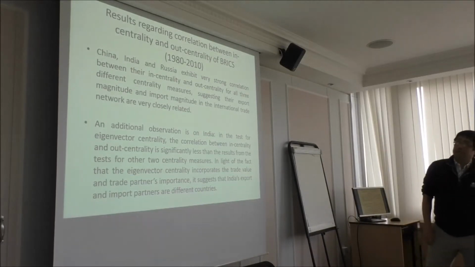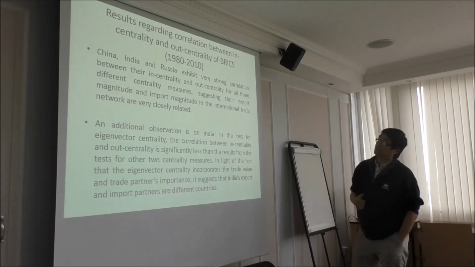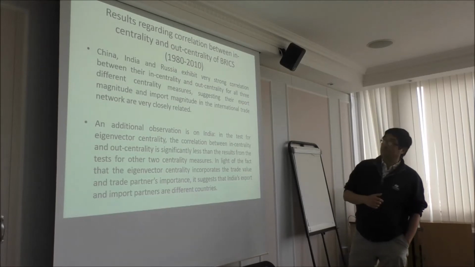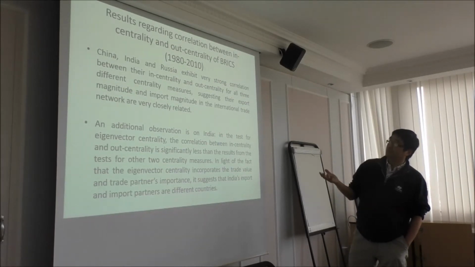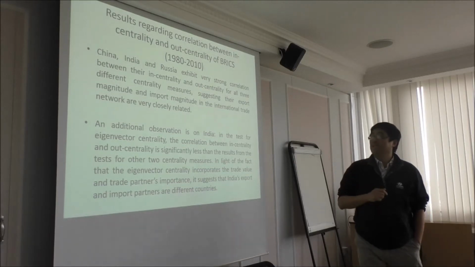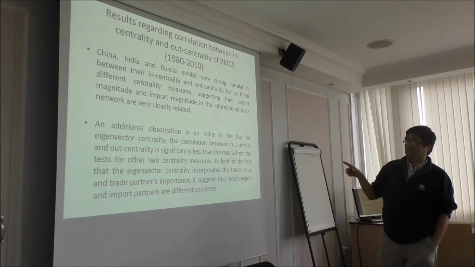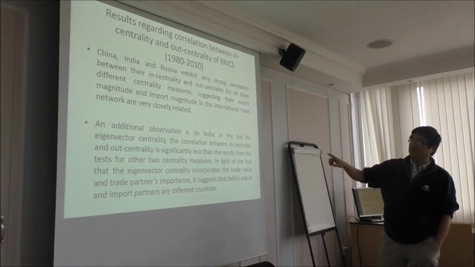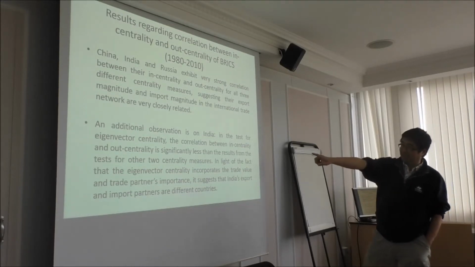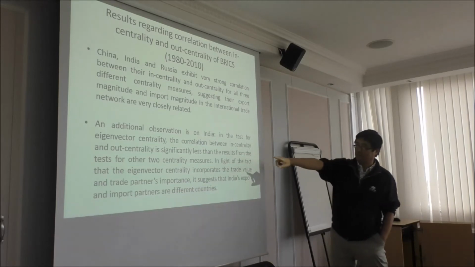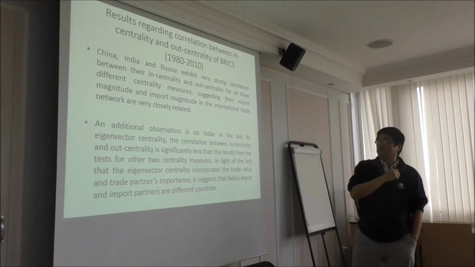China, India, and Russia all exhibit a very strong correlation between the in-centrality and out-centrality for all 3 different measures. An additional observation is on India. In the test of eigencentrality, the correlation between in-centrality and out-centrality is significantly less than the results from the test for the other 2 centrality measures.